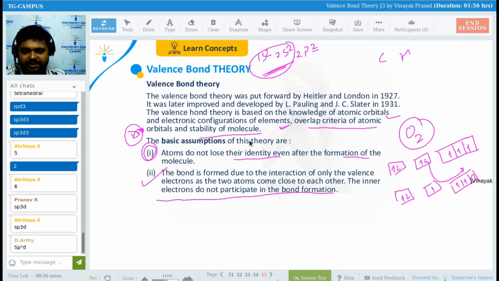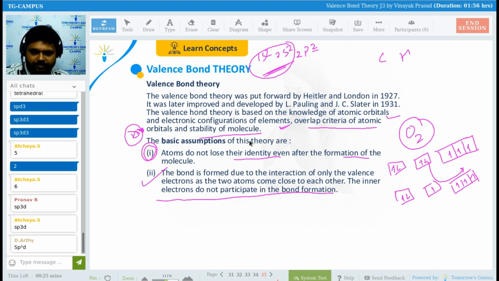Now these electrons will participate in bonding. Getting my point, everyone? Is this clear to you?